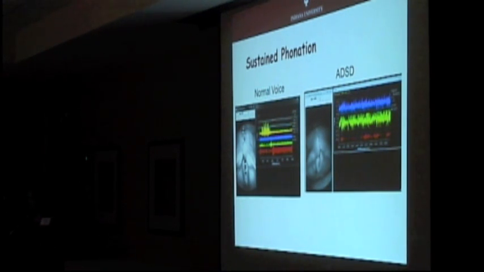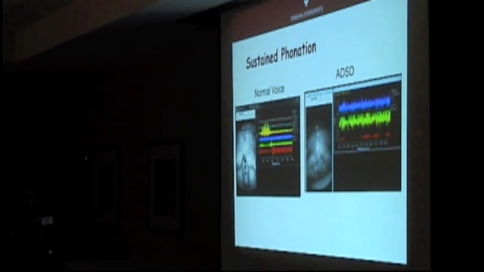And here is the adductor spasmodic dysphonia, where you can see that there are spasms, and here there is a small spasm. Here you see a spasm in sustained phonation.